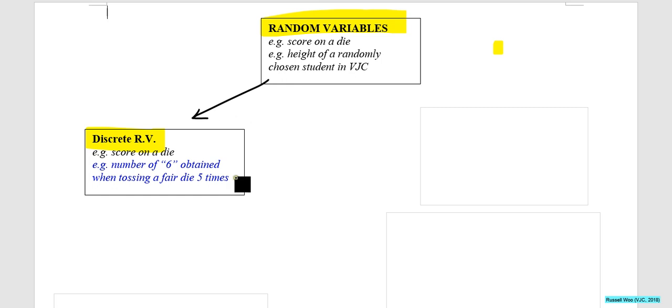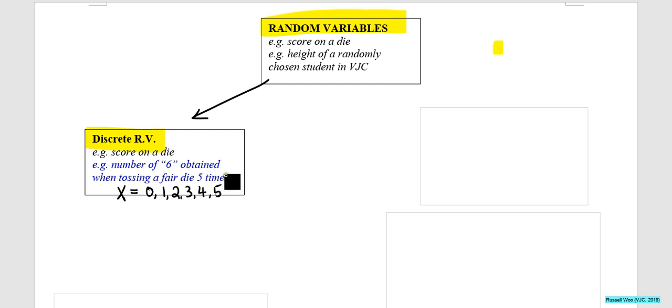Let's take a look at this one. Number of sixes obtained when tossing a fair die. Why is it a discrete random variable? Because if this is x, x can be 0, 1, 2, 3, 4, 5. Remember? And this is an example of a discrete random variable.